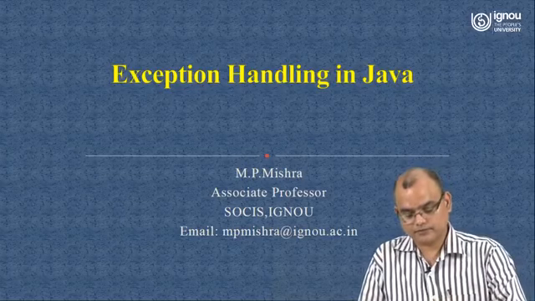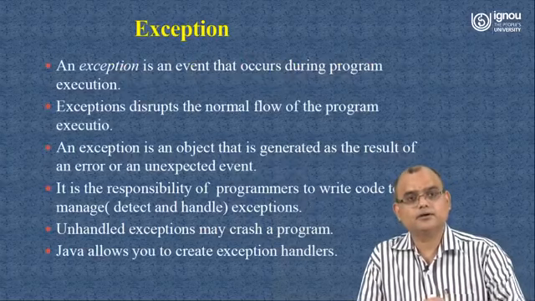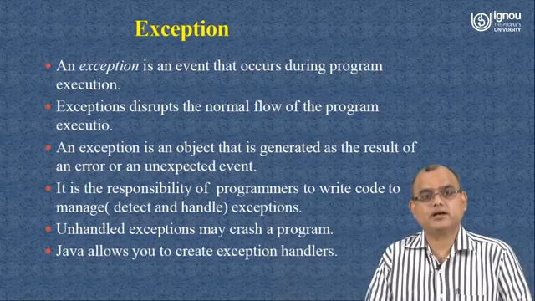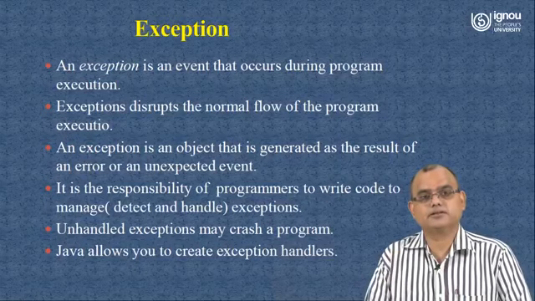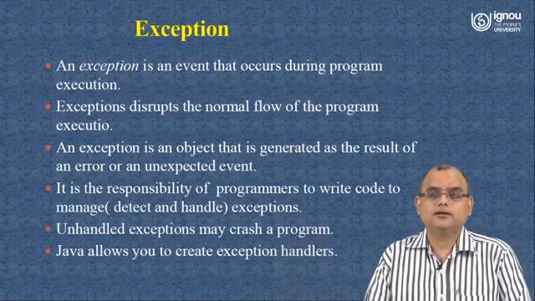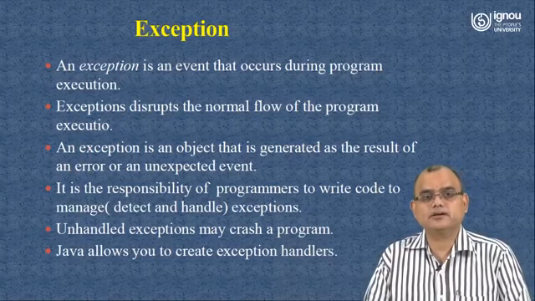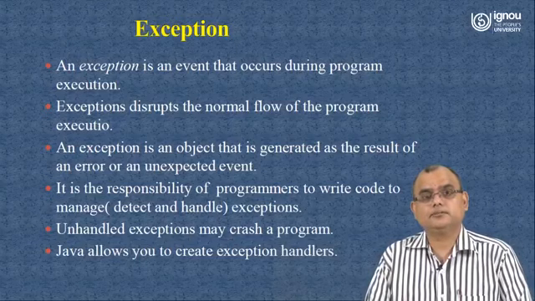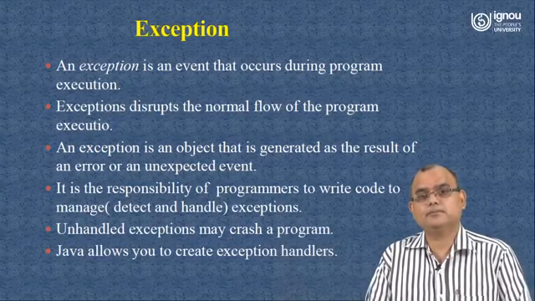So let us move further. If we talk about exception, an exception is some kind of abnormal condition which occurs during the execution of the program, and that occurrence helps the program divert from its normal flow.